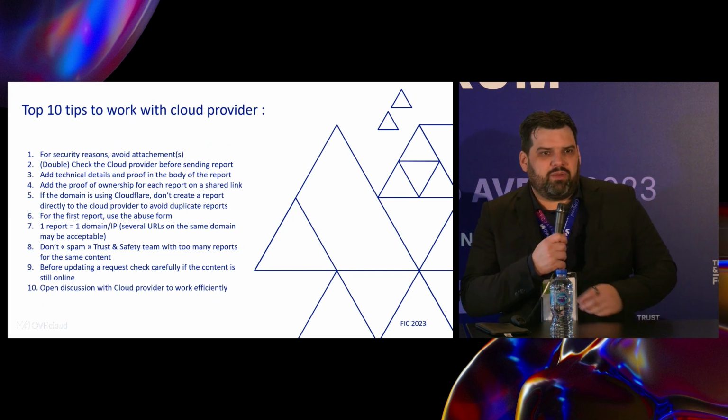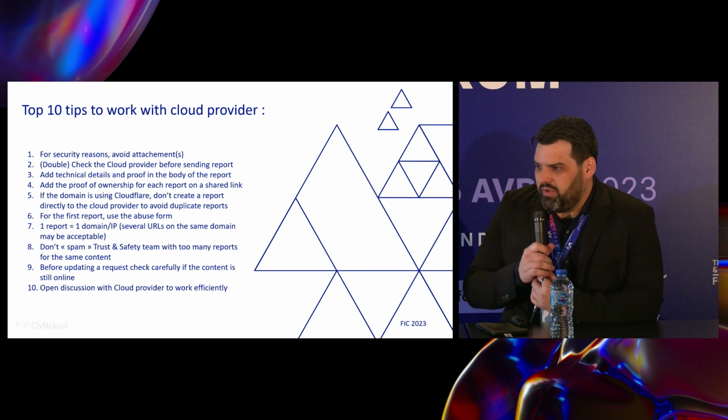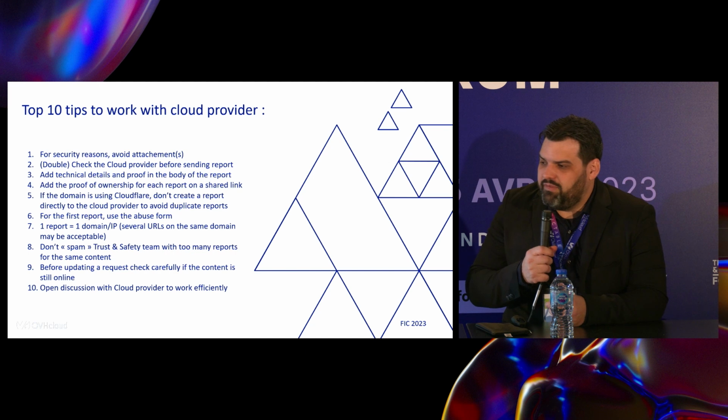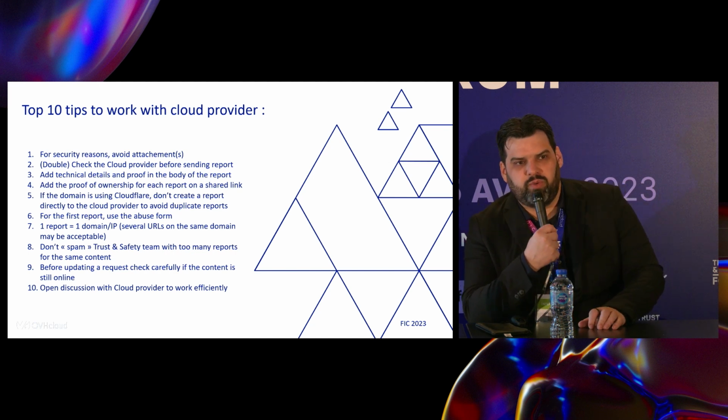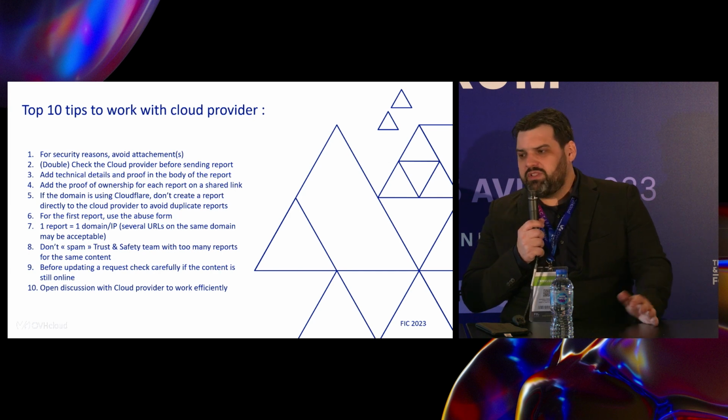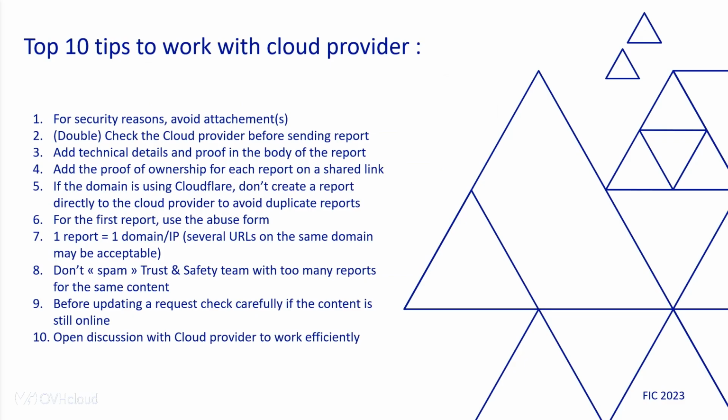So for a good report, we put 10 tips for copyright owners. The first one, for security reasons, is to avoid attachments. They will be blocked on our system to prevent malware infection, for example.